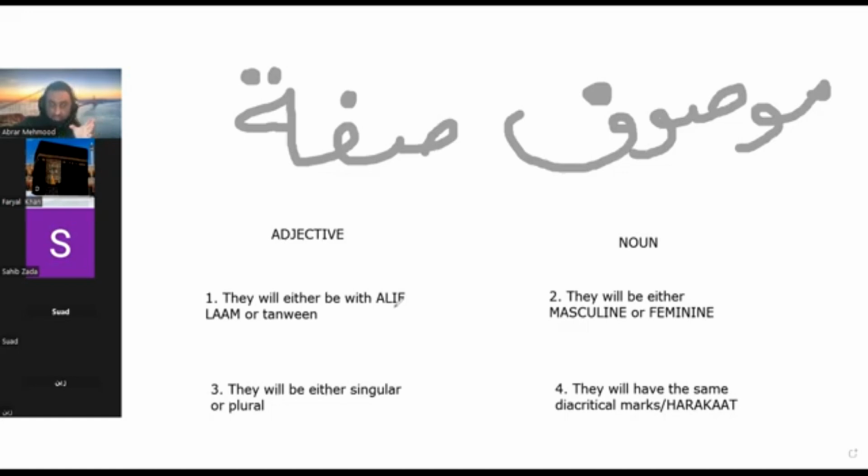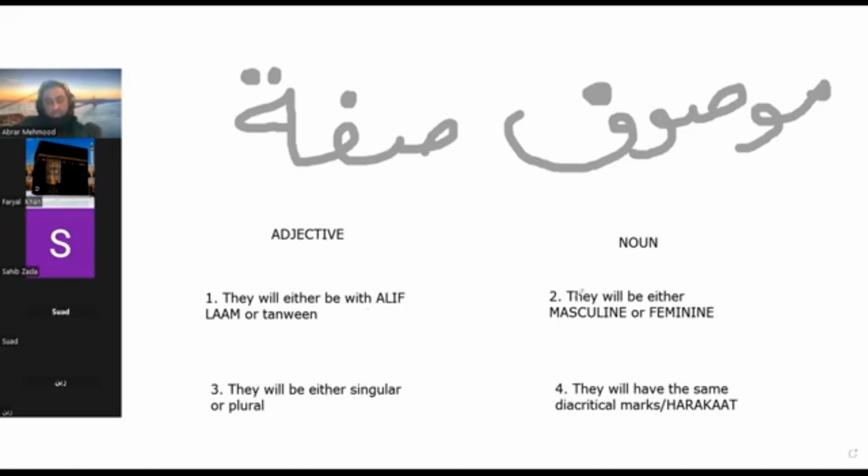For example, baytun kabirun. So they're both tanween, double rafa. Or they can be alif lam, which is al baytul kabiru. So they're both either alif lam or tanween.